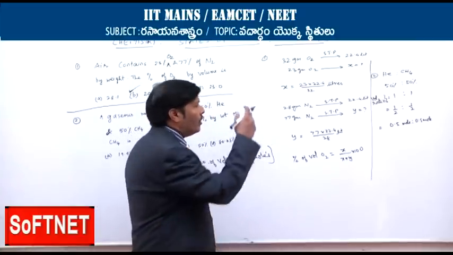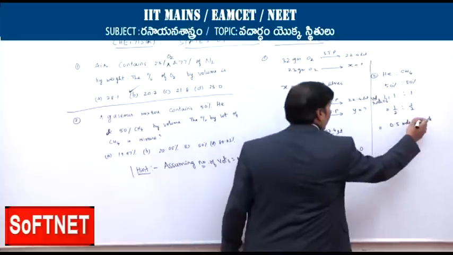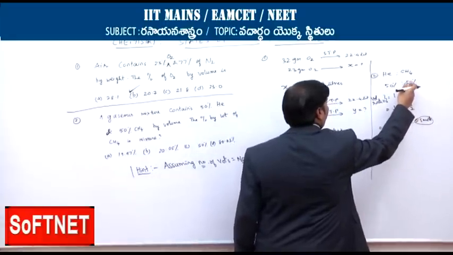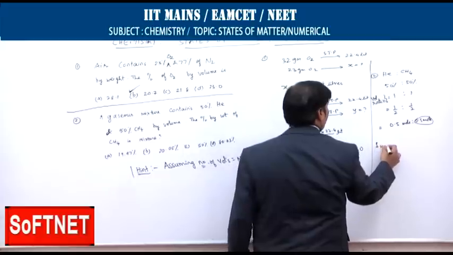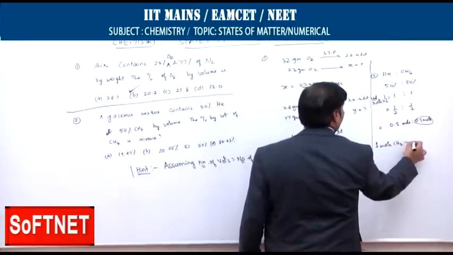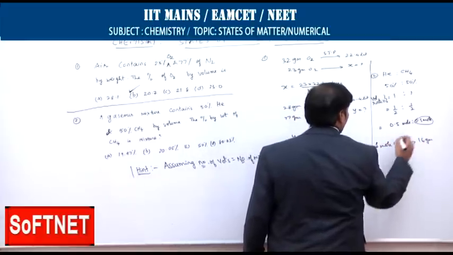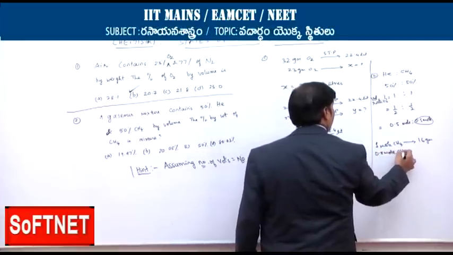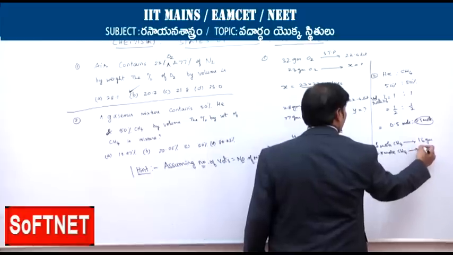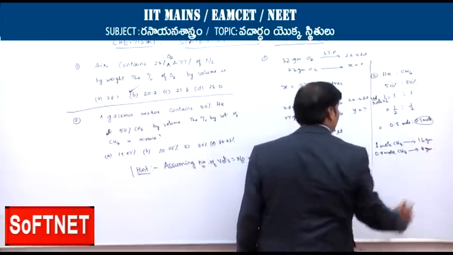So from 50% of methane we got 0.5 mole of methane. 1 mole of methane contains 16 grams, so 0.5 mole of methane corresponds to 8 grams.